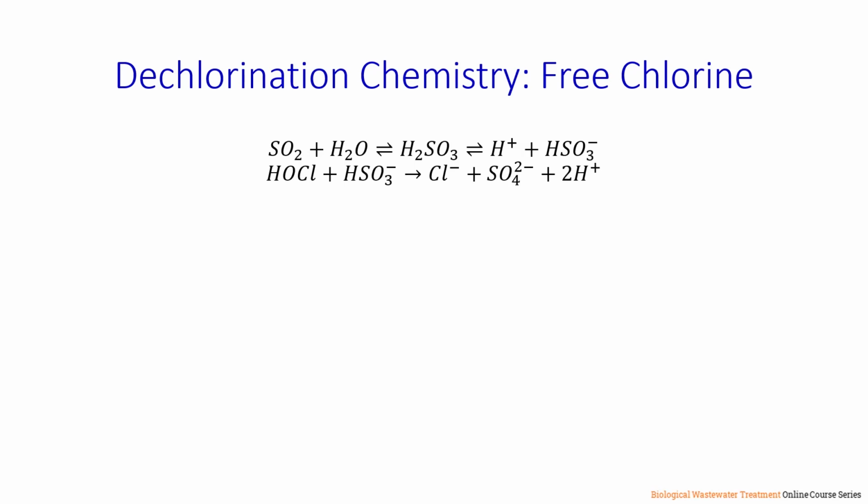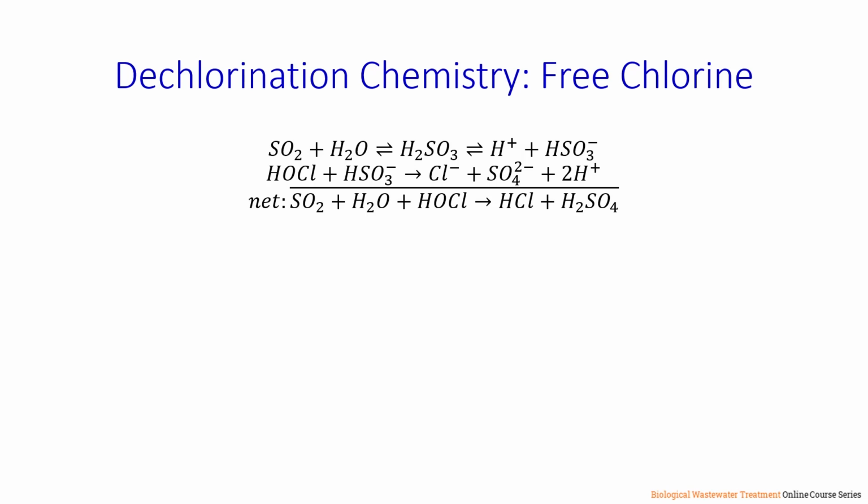Bisulfite, in turn, will react with free chlorine, here described as HOCl, and if we add those two reactions together, the net result is that sulfur dioxide, a little bit of water, and HOCl yields two strong acids, hydrochloric acid and sulfuric acid.